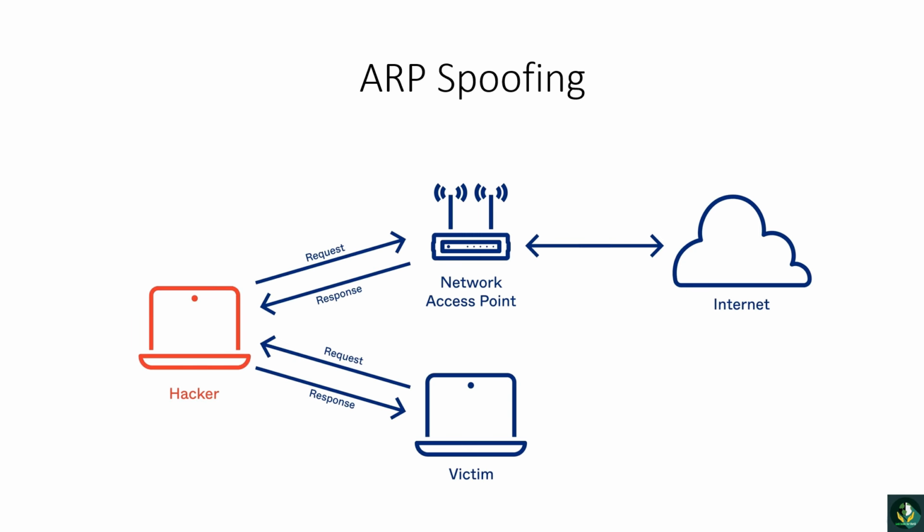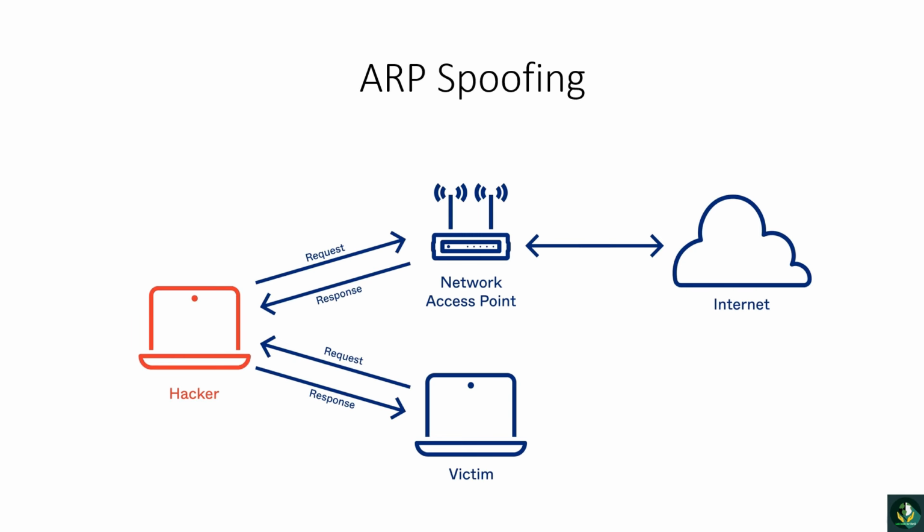And anytime the access point or router sends responses, they are going to go to my machine because it thinks that I am the victim, and then I am going to forward them to the victim. This puts me in the middle of the connection, a man in the middle connection, and it gives me so much power, and we'll see all of that we can do.